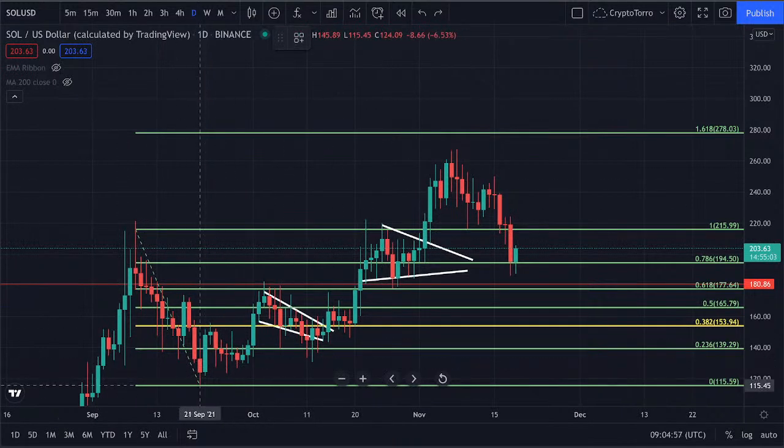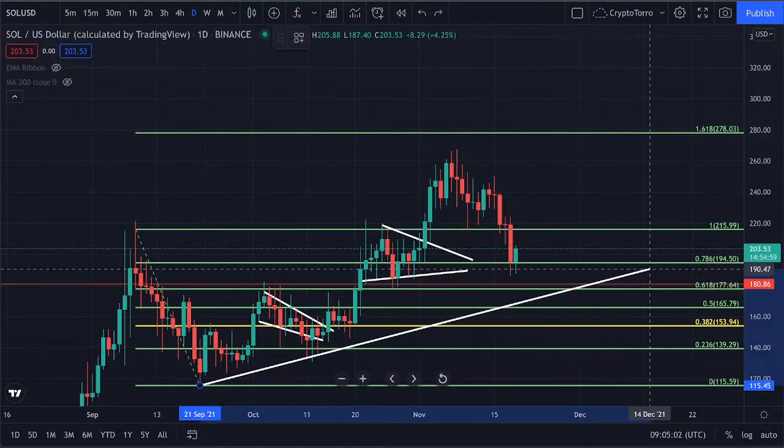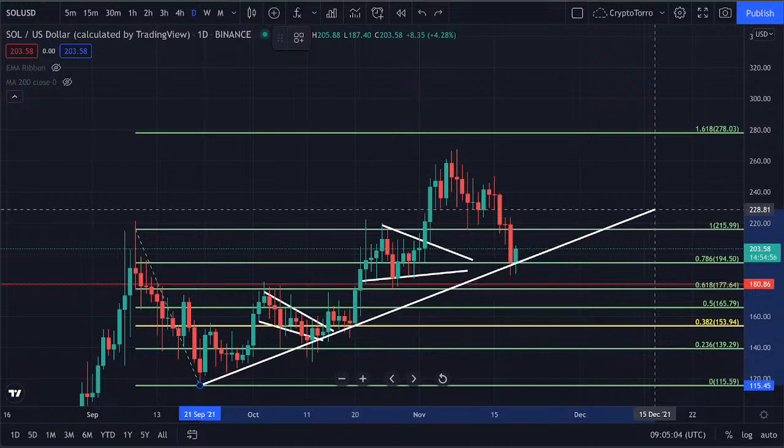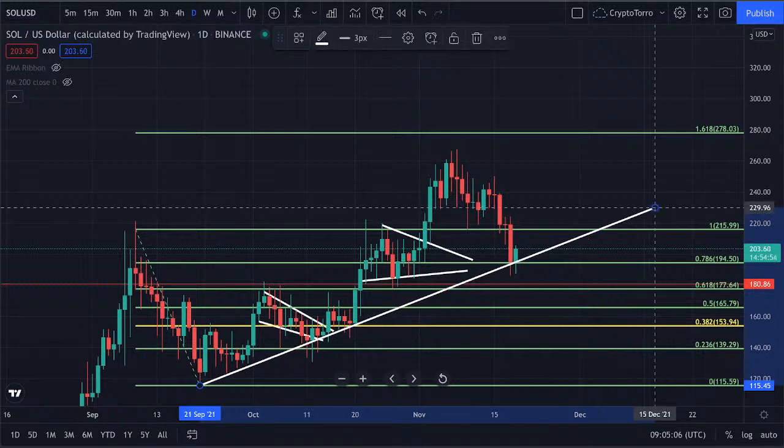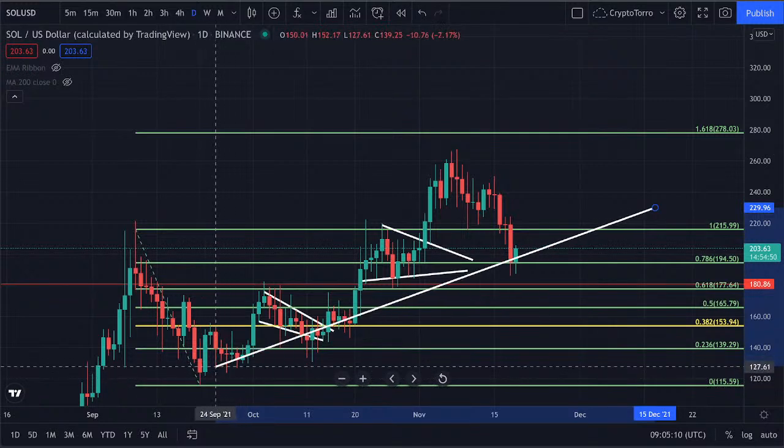If we take a quick look as well at what we are seeing here, we are also right now finding support on top of this previous level of resistance. So let's take a quick look.